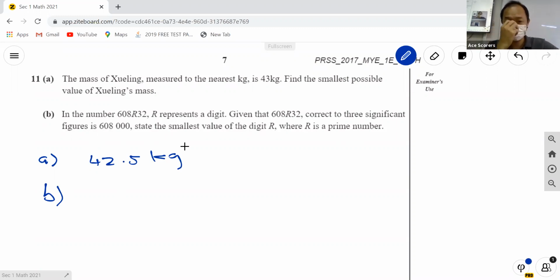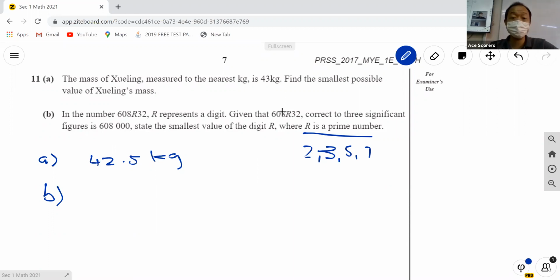Say the smallest value of R, where R is a prime number. Now let's list out all the possible prime numbers. Single digit prime numbers are 2, 3, 5, 7. No more. So what is the smallest value of digit R?